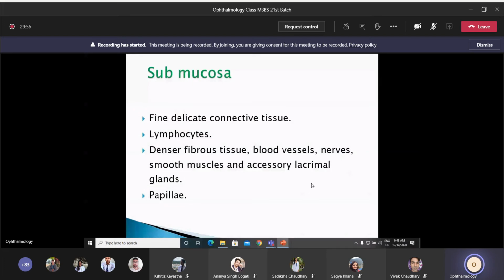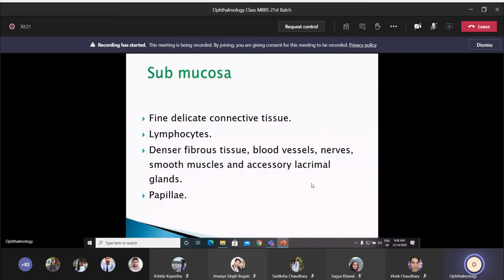Now, the submucosa: you have fine, delicate connective tissue present here along with lymphocytes, and denser fibrous tissue, blood vessels, nerves, smooth muscles, and accessory glands, okay, which are all present in the submucosa. And another important thing seen in the submucosa is the presence of papillae, which we will come to in the later slides.